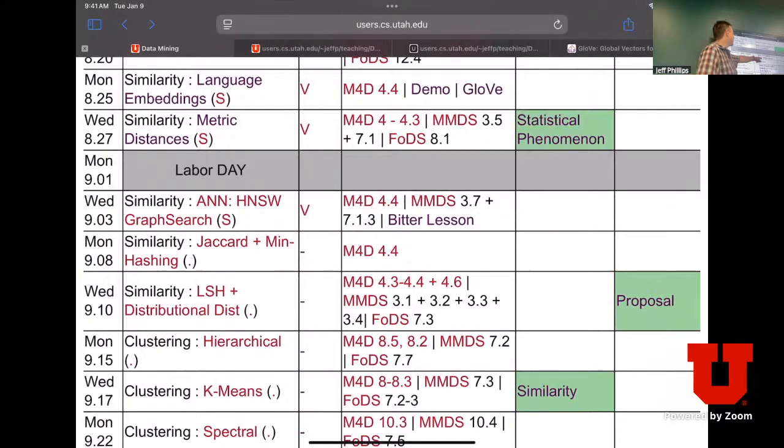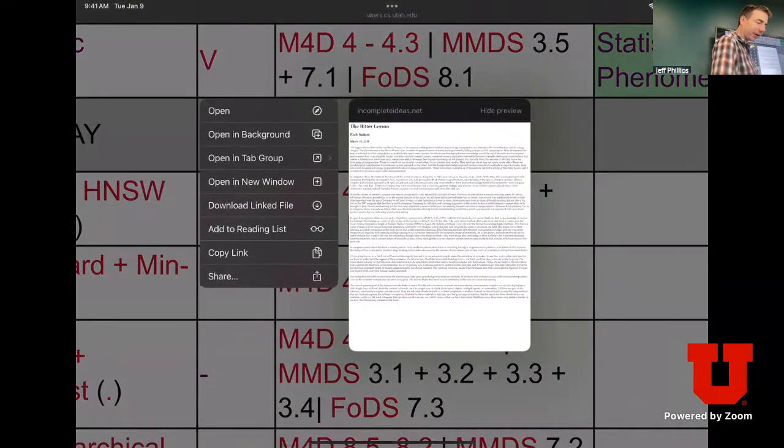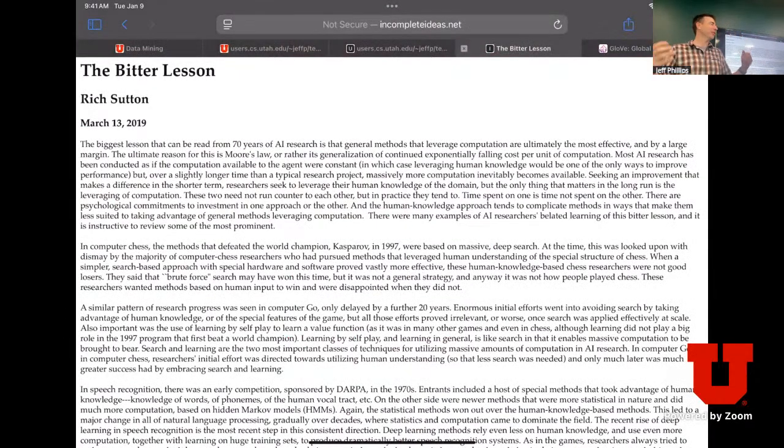I linked to this article. It's basically a blog post by Richard Sutton, who recently won the Turing Award for reinforcement learning, and he commented on the bitter lesson you learn in doing large scale data analysis, where people try to model things very carefully, but then certain things win out in the end through more scalability and added compute power.